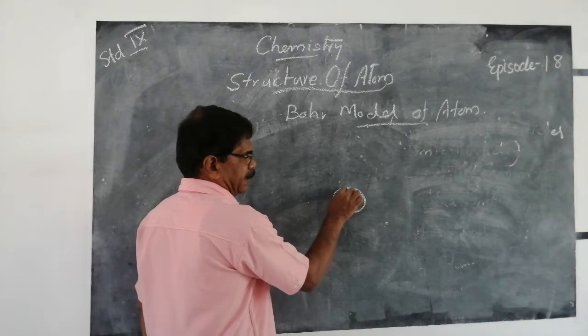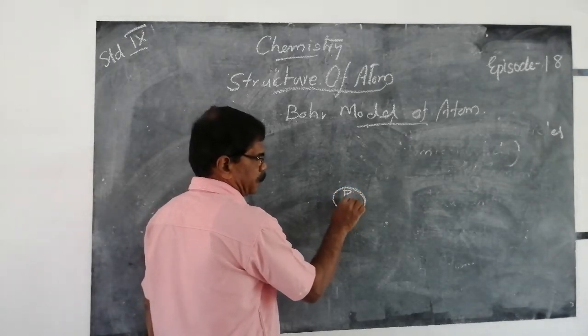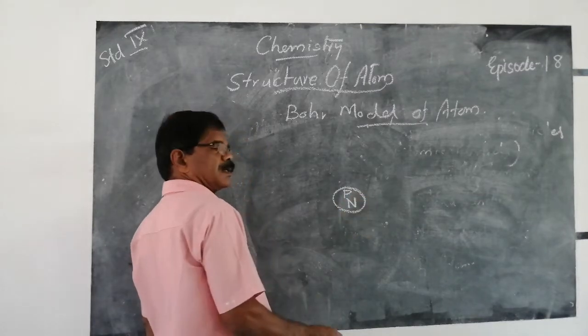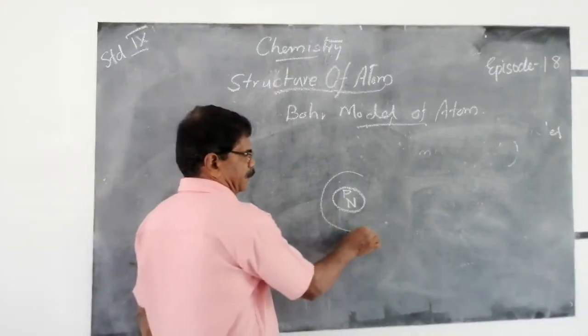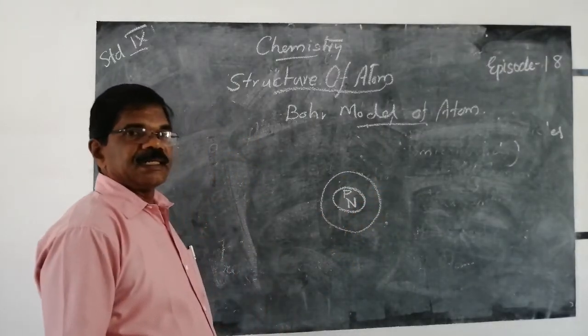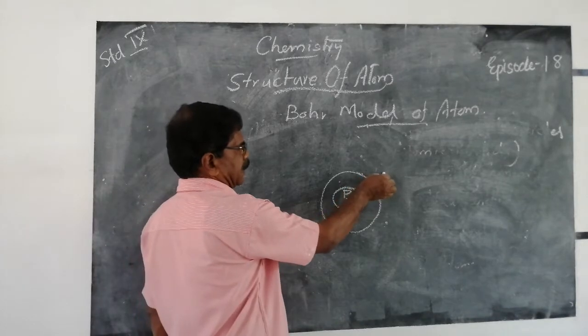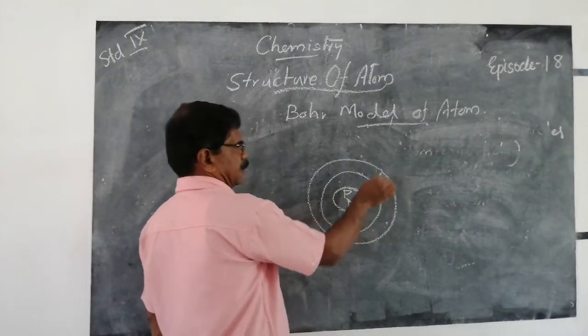The nucleus contains protons and neutrons. And the electrons are revolving around the nucleus in different paths. These different paths are called shells or orbits.